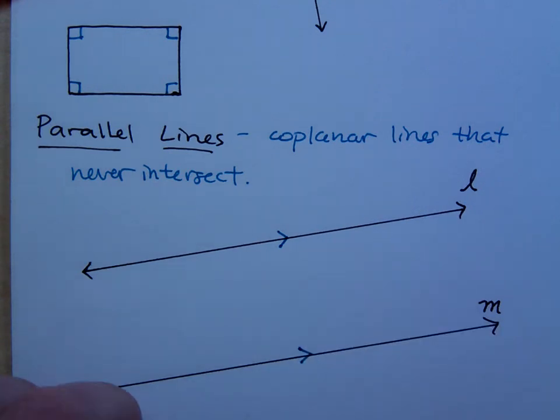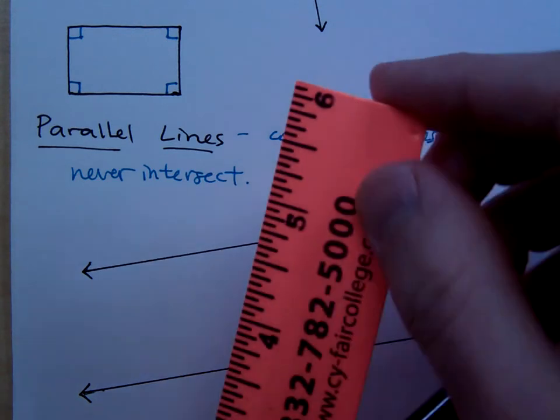Okay. If you had several different sets of parallel lines, if they're running in different directions, then you might see something like this.